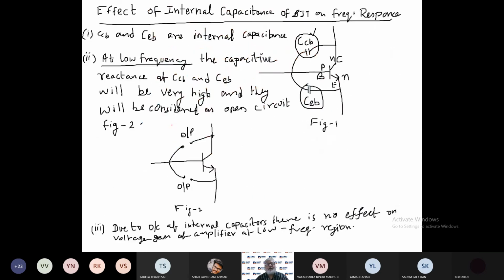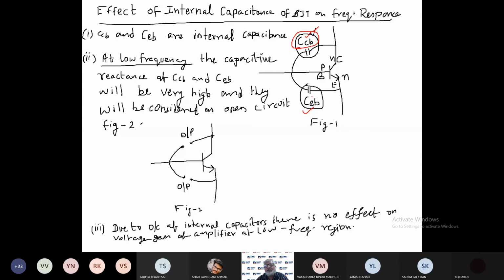Now we see the internal capacitance. We already discussed earlier that whenever there is a PN junction, a capacitance is formed internally. So in a transistor, you can find two internal capacitances. One is CCB, the capacitance between collector and base.